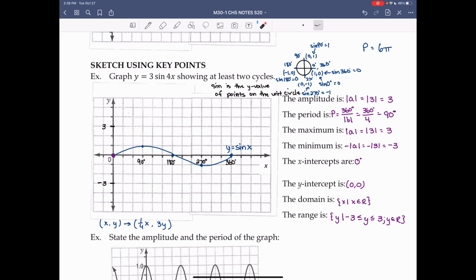Then our x-intercept that's at 180 for sine x, if we multiply that by 1 over 4, which is the same as 180 divided by 4, we get 45 degrees. And then our third x-intercept, 360 degrees. If we multiply that by 1 over 4, which is the same as dividing by 4, we get 90 degrees.